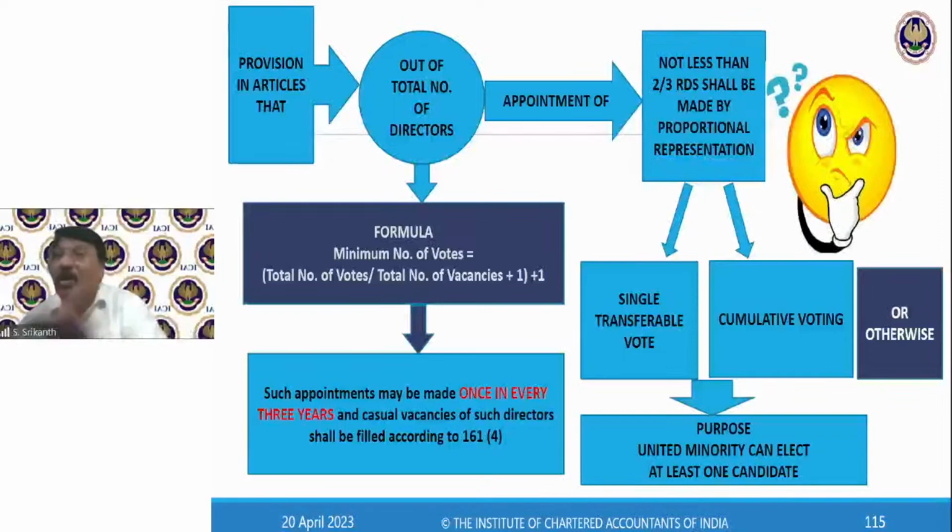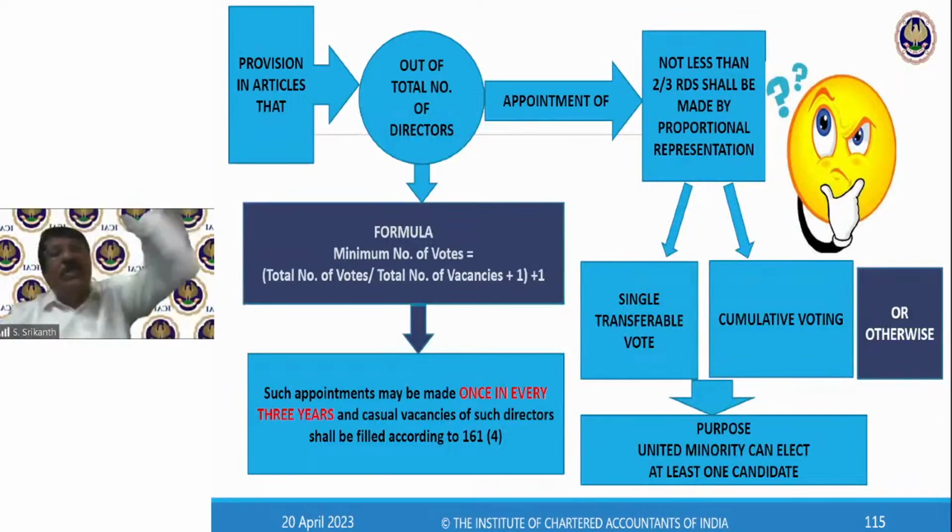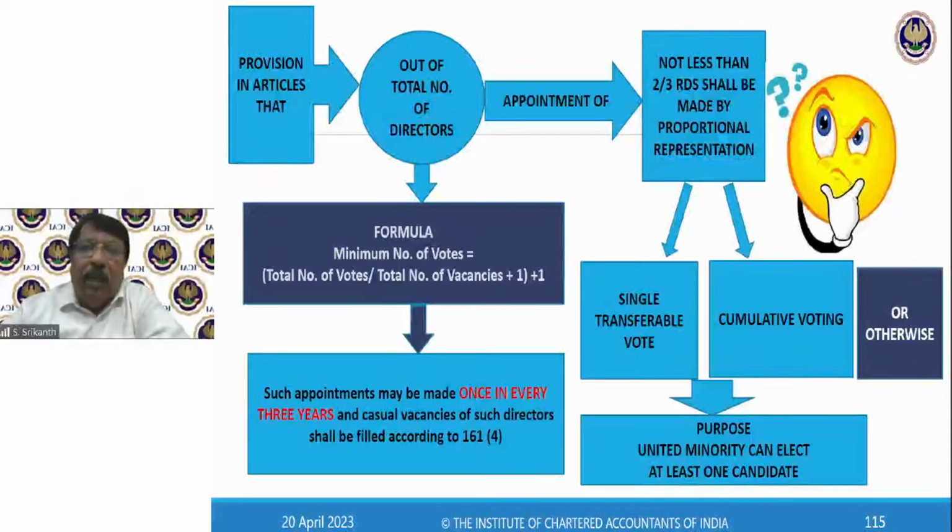What they are saying is, appointment of not less than 2/3 shall be made by proportional representation. So once that amendment is passed, then they have to hold a general meeting. And at that general meeting, not less than 2/3 shall be appointed by proportional representation. So there are two methods of voting: single transferable vote and cumulative voting.